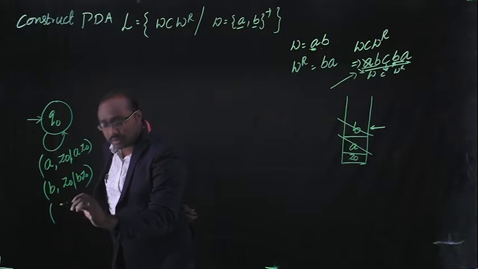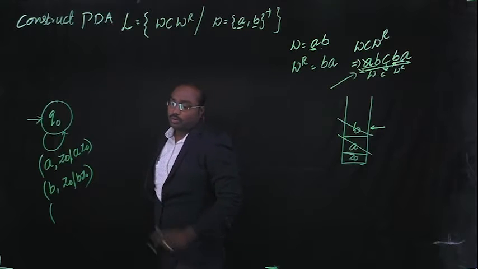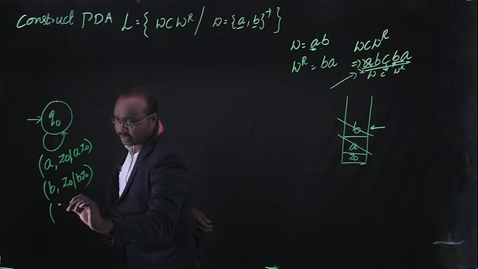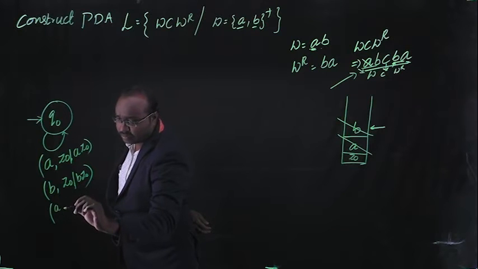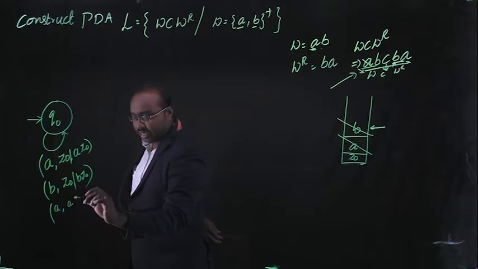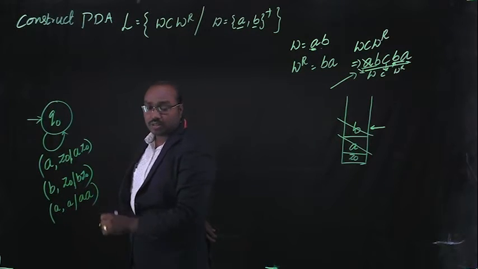Now in this situation there are four possibilities. If the input symbol is A and the stack's top is A, then we push that element onto the stack.